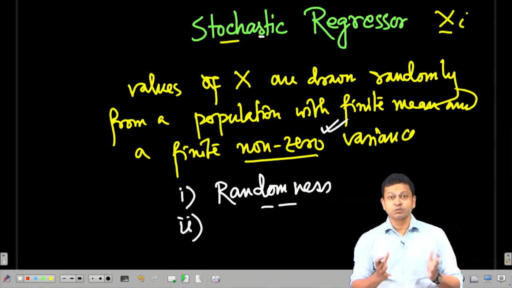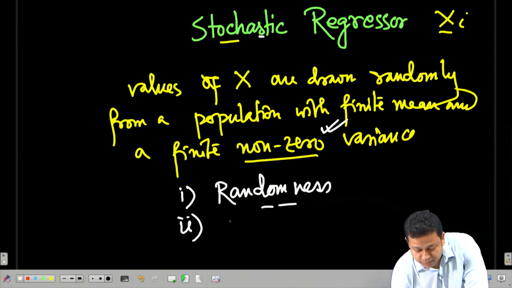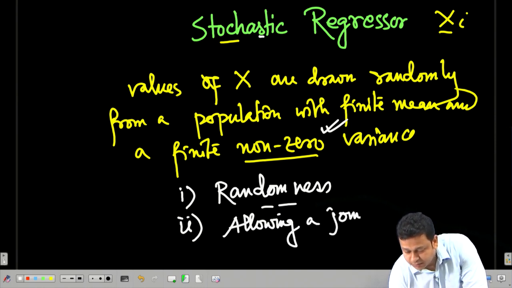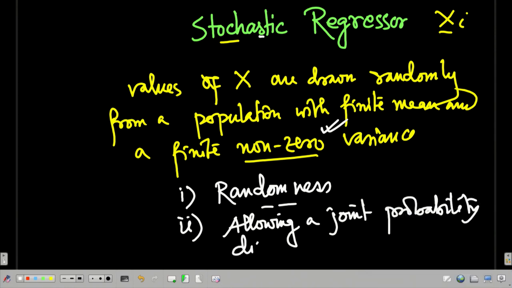In the previous case, we assumed all the xi's are independent of each other, and here we are allowing a joint probability distribution of the xi's. Okay. Now, that is a real relaxation, but at what cost? I will talk about that.